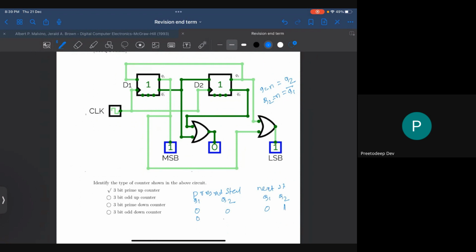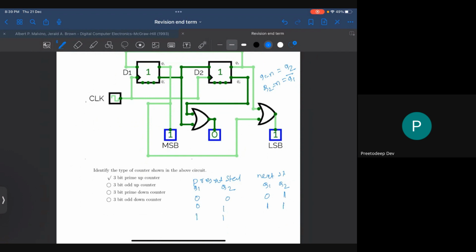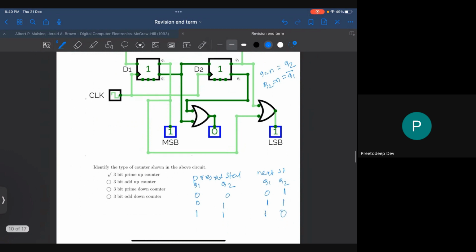When it's 0 1, q2 will be 1, and q2 next will be q1 bar, so 0 1 gives 1. So now 1 1, q1 next will be 1, and q1 bar will be 0, right? Then 1 0, it will be 0 and 0. So up to that is clear.